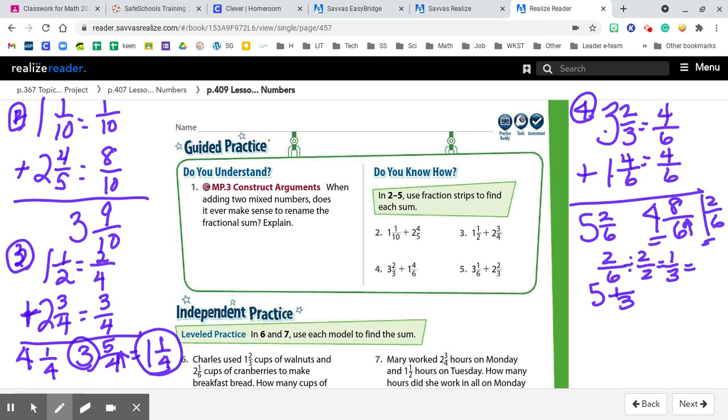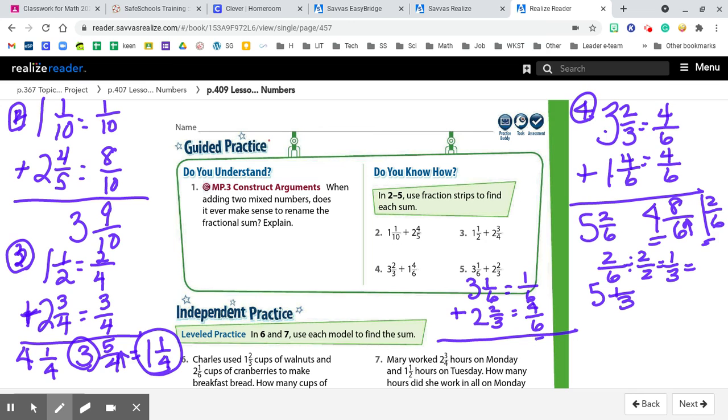And then for my last problem, for number 5, I'm going to have 3 and 1/6 plus 2 2/3. Denominators are different, but 3 will go into 6, so I can rename this guy as 4 6s.